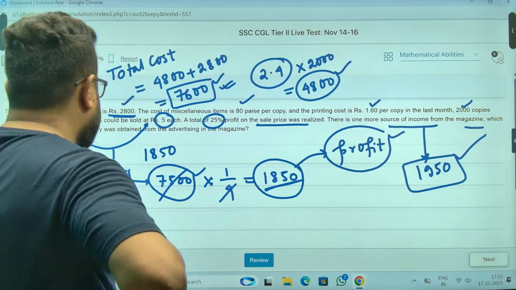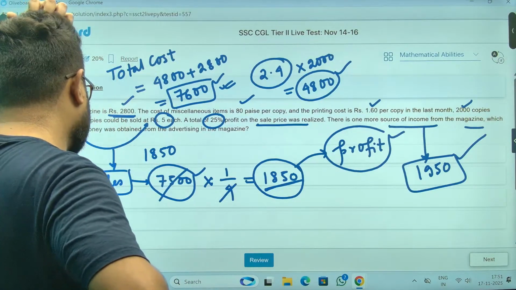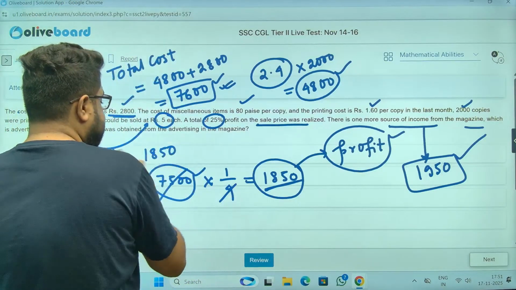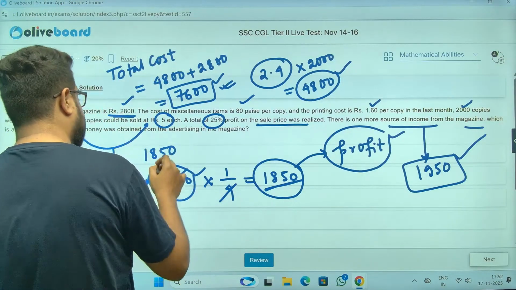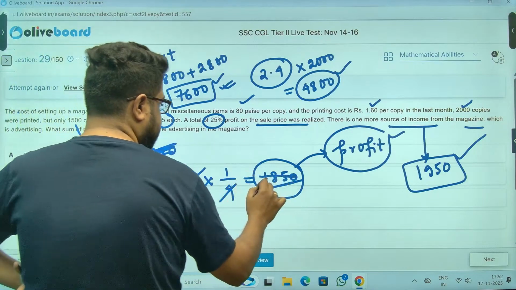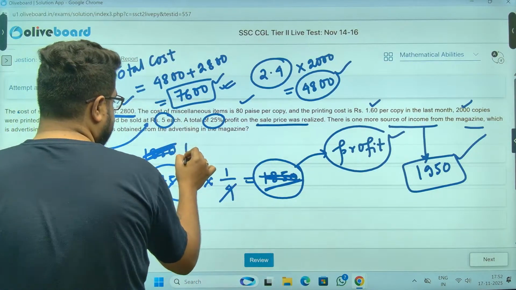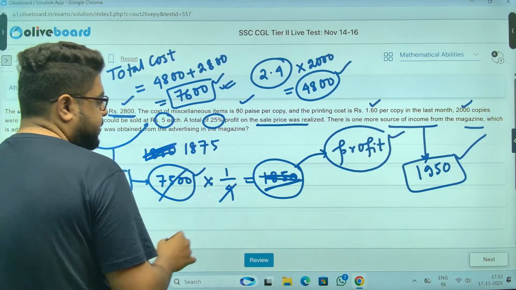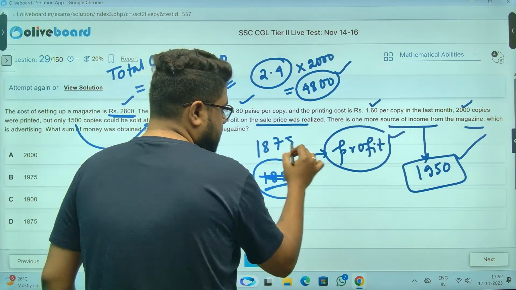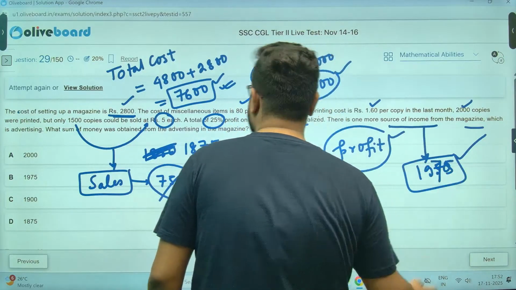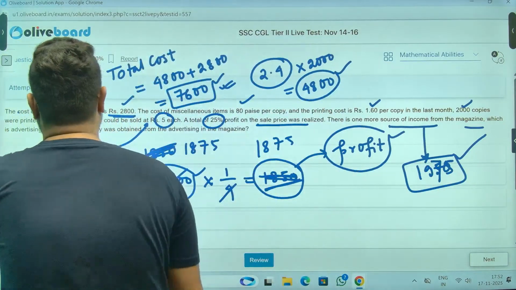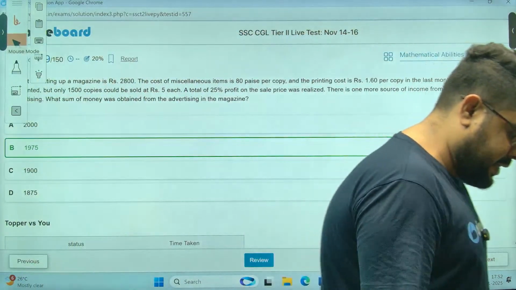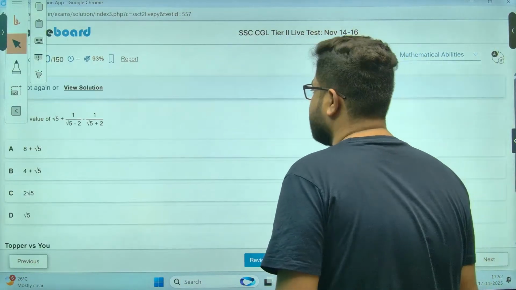Wait, I made some mistake. 4 18s are 72, 3 sevens, sorry sir. 4 18s are 72, 3 fives, sir, this is 75. Arey yaar. So 1975 will be the answer. Calculation mistake, sir. Option number B is the answer. Extremely sorry. Yes, Avijit. Thank you.